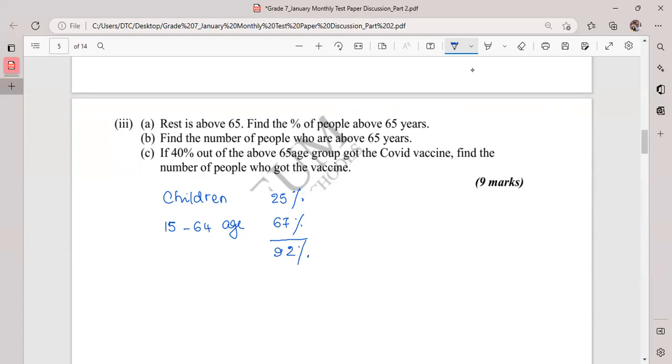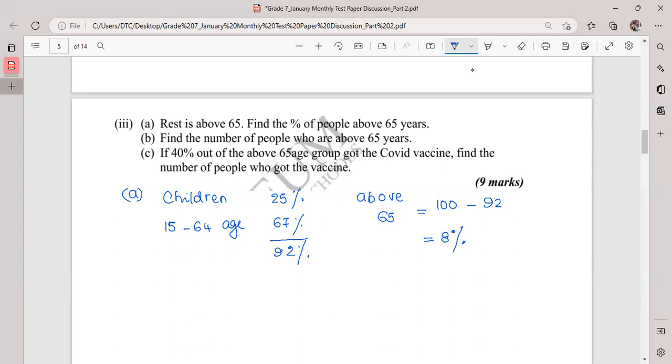So how to calculate this is part A. I'm doing part A, children. How to calculate the senior citizens, that is, above 65? You find 100 minus 92, so that is 8%. Above 65, you can find 8% of people.